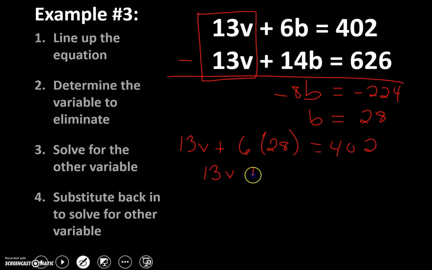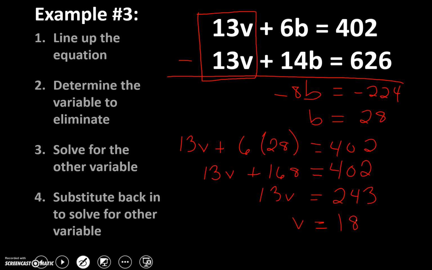So I have 13V plus 168 is equal to 402. I'm going to subtract that from 402. When I do so, 402 minus 168 is equal to 234. And I'm going to finish this up by dividing both sides by 13. So what I find here is that V is equal to 18, which means the vans hold 18 students.